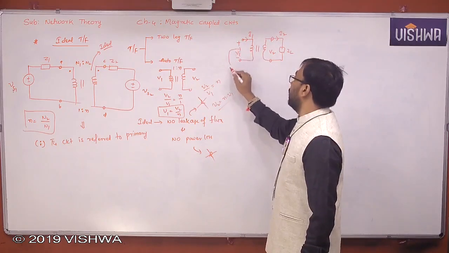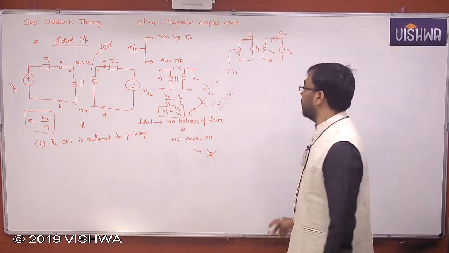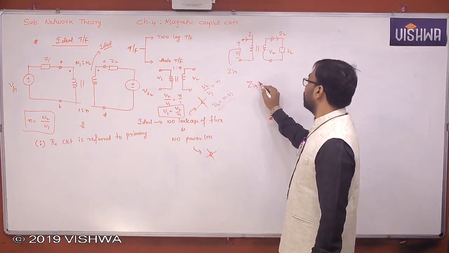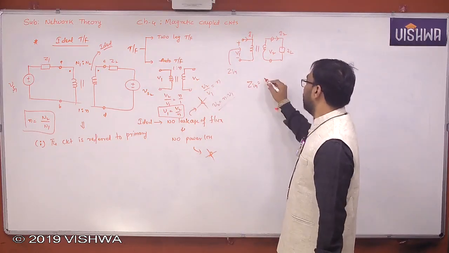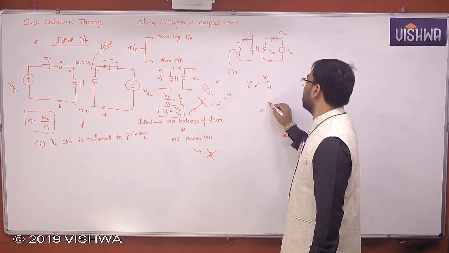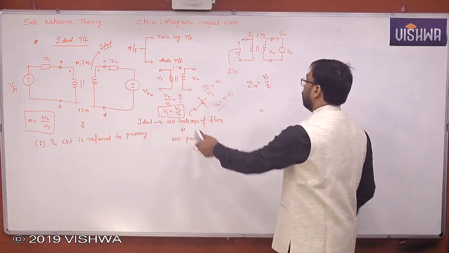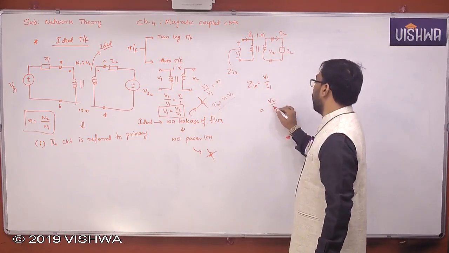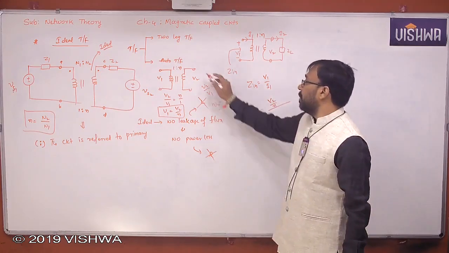I would like to find the input impedance, that is, the impedance referred to the primary. What is Zin here? Zin is V1 by I1. But we already know that V1, if this is a 1:n ratio, is V2 by n, divided by I1.